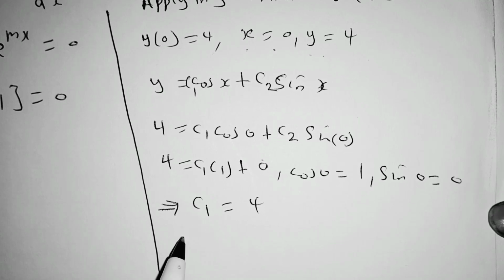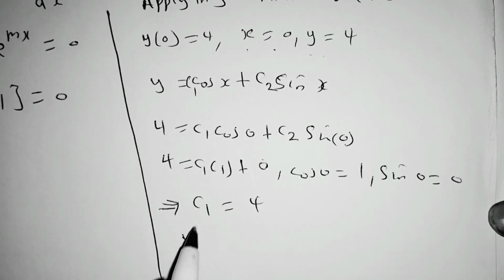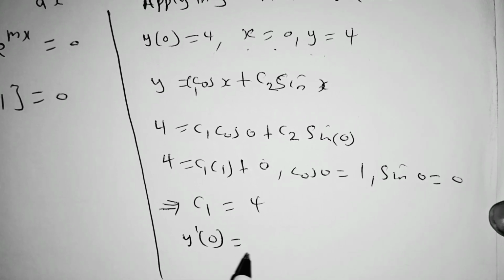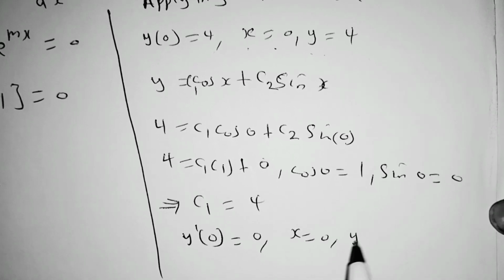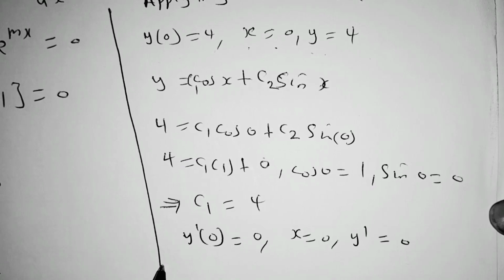Then the other condition we are given, y prime at 0 is equal to 0, meaning that x is equal to 0 when y prime is equal to 0.